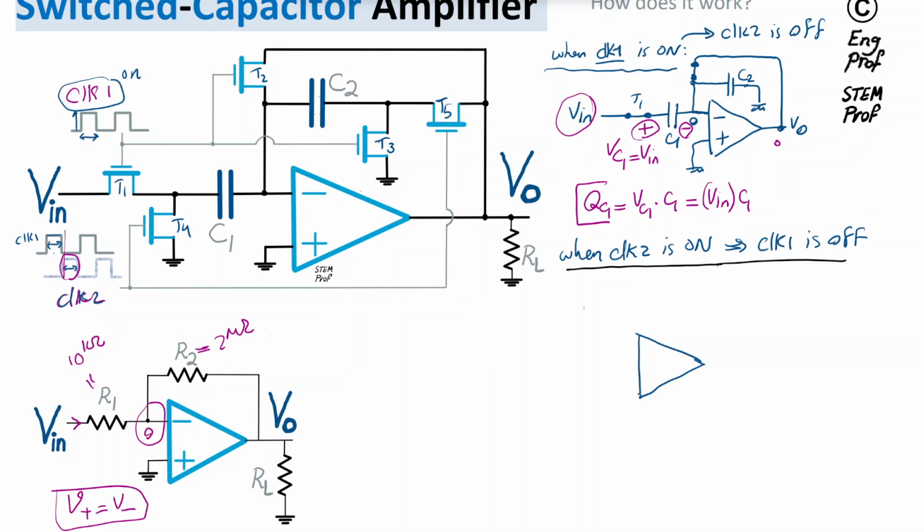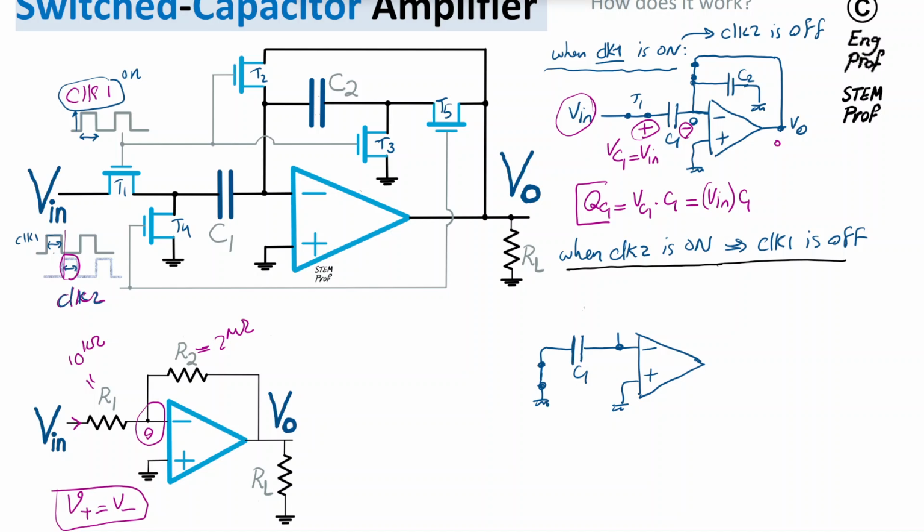So the circuit now looks like this. We have the plus input, the non-inverting terminal of the op amp, still grounded, and then we have the inverting or negative terminal connected to C1, our passive capacitor, and then via T4 as a short, or let's say an on switch, we are grounded on the other side of C1.